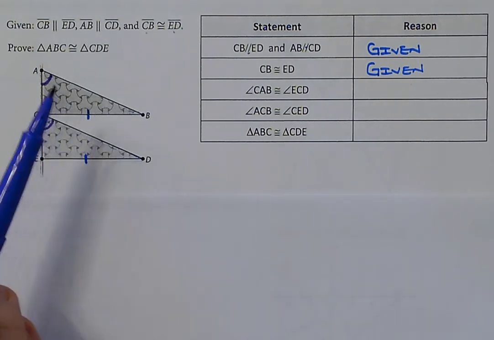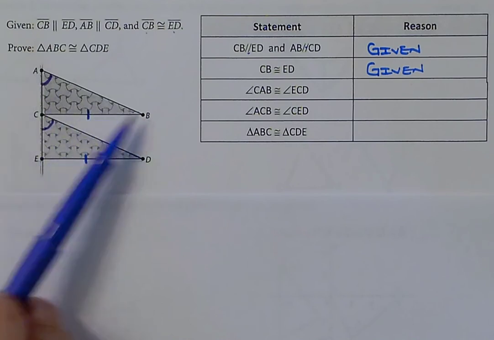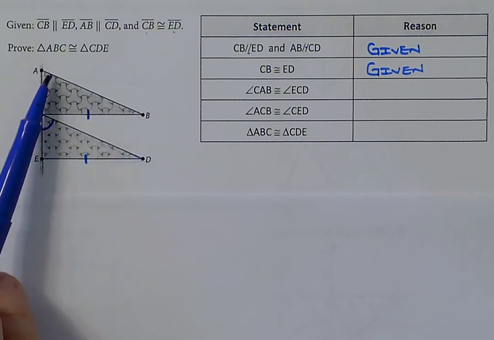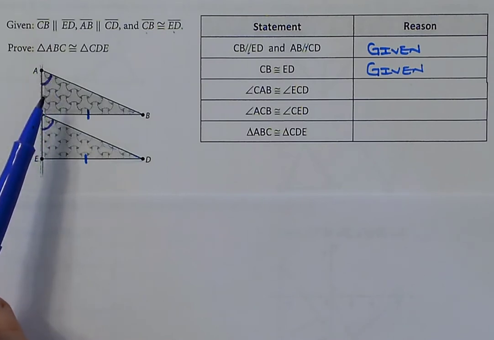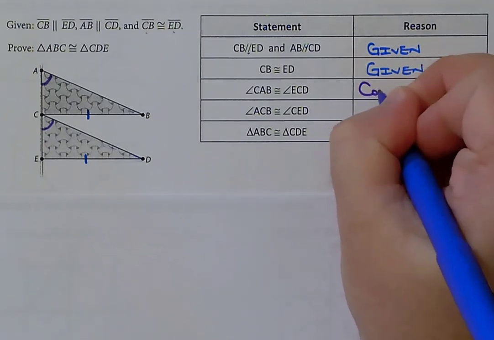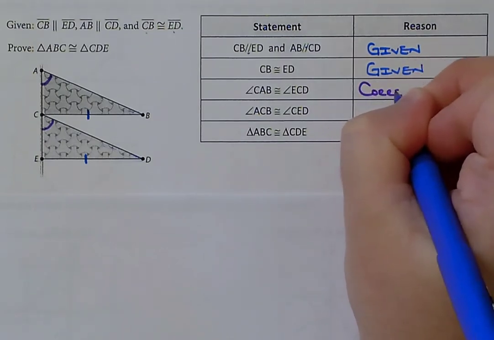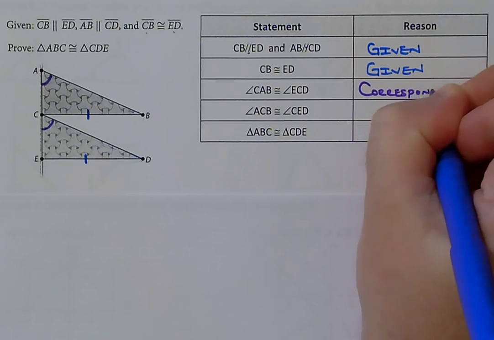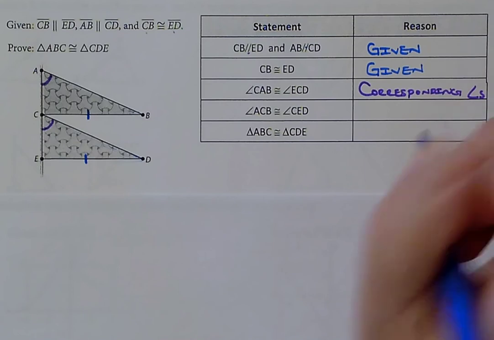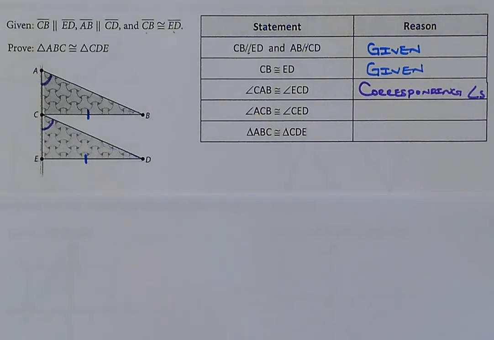Well, I have my two parallel lines cut by my transversal. They are on the same side of the transversal, on the same spot of the parallel lines. So that means that these are corresponding angles, and corresponding angles are congruent to each other.